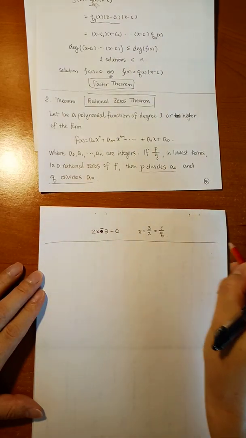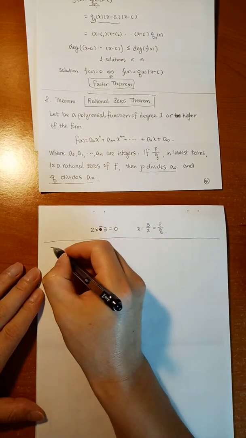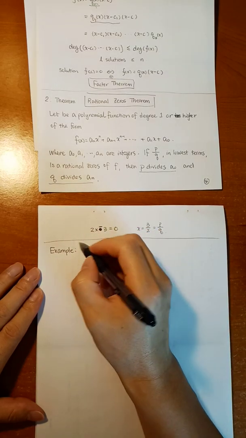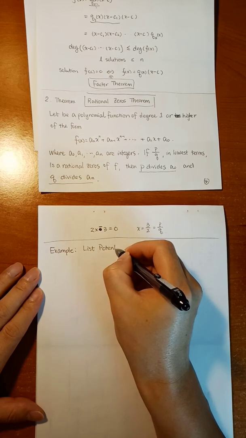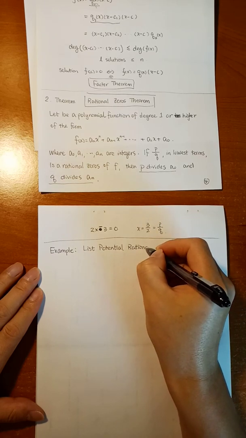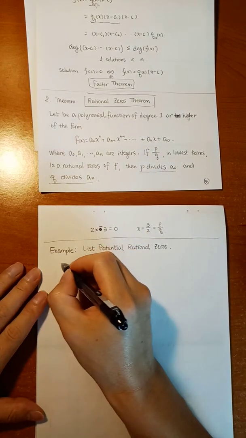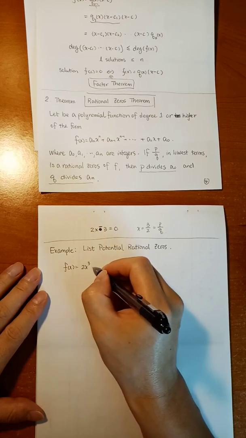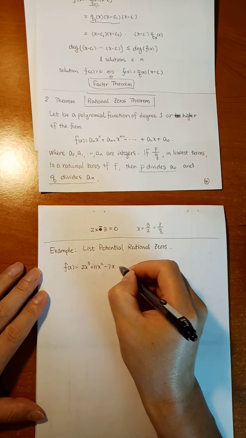Okay, so what is the usage of it? The usage is the following: list the potential rational zeros. Let f(x) equal 2x cubed plus 11x squared minus 7x minus 6.